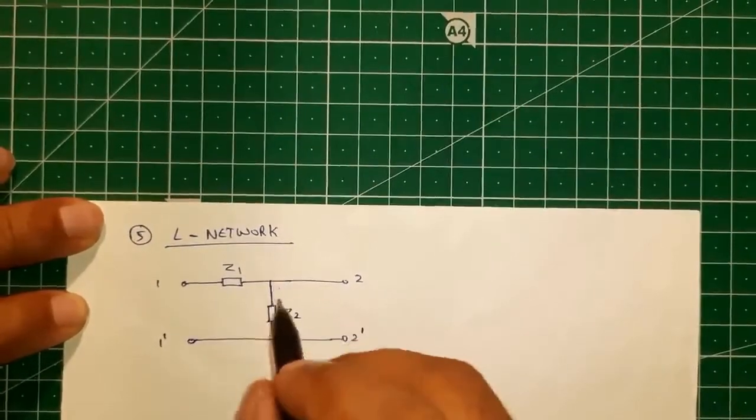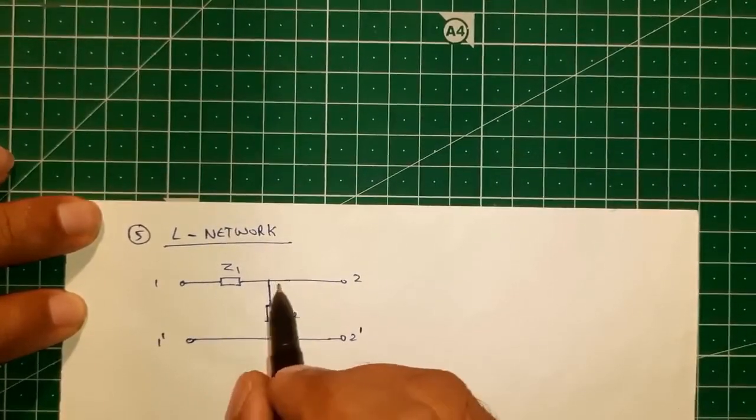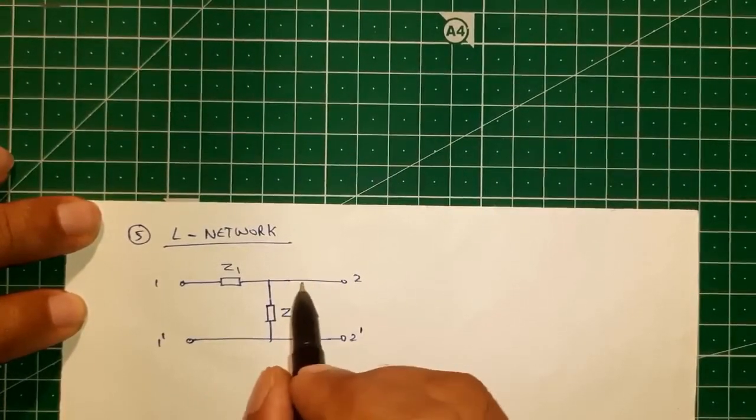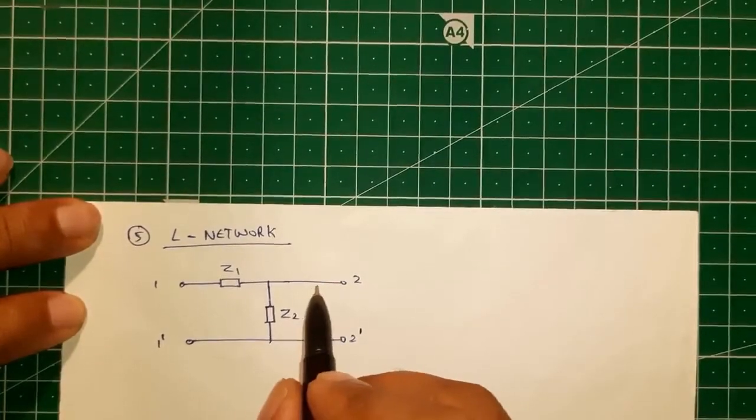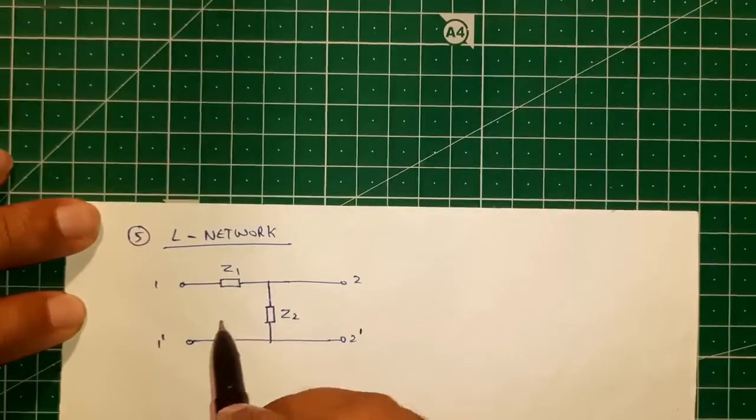As you can see, this is like a special case of a T network, when this series arm impedance becomes equal to 0. So this is basically an asymmetrical network.